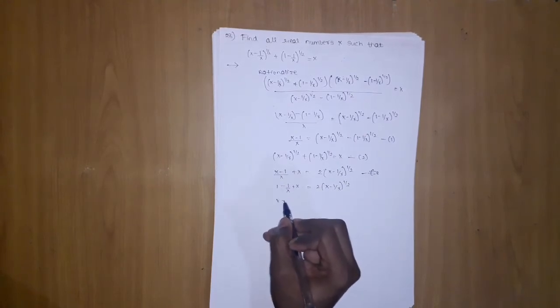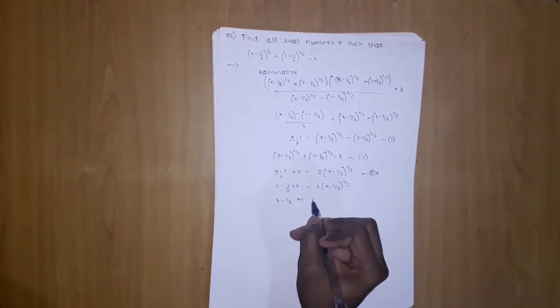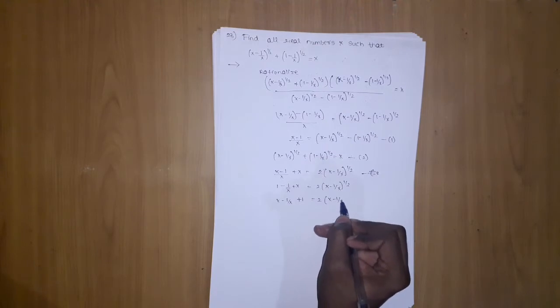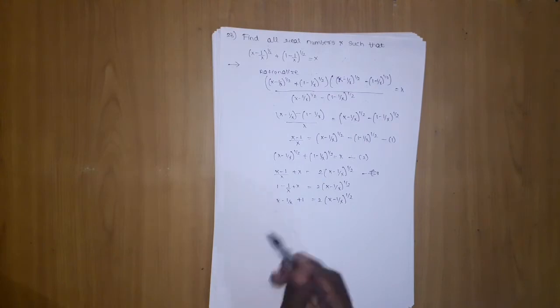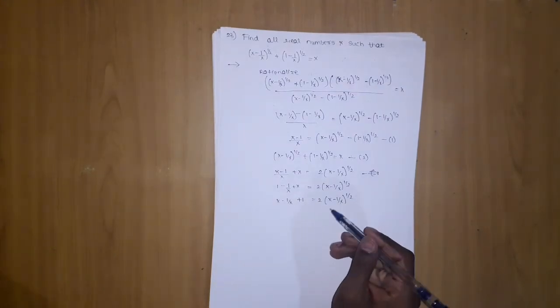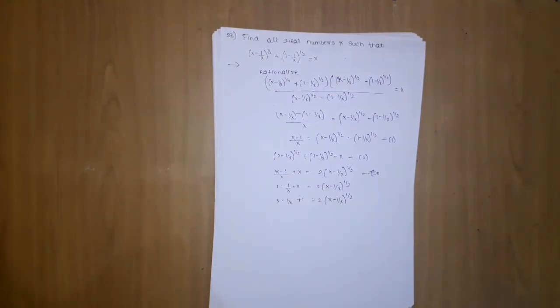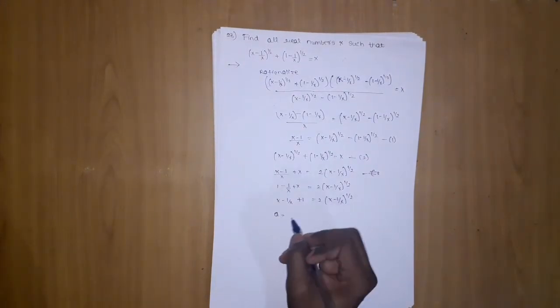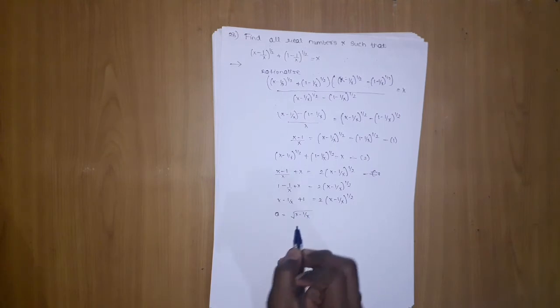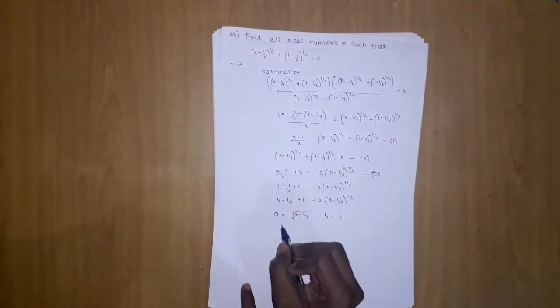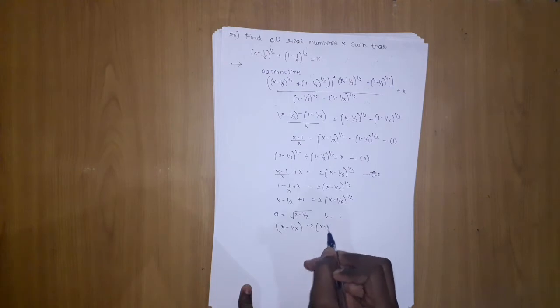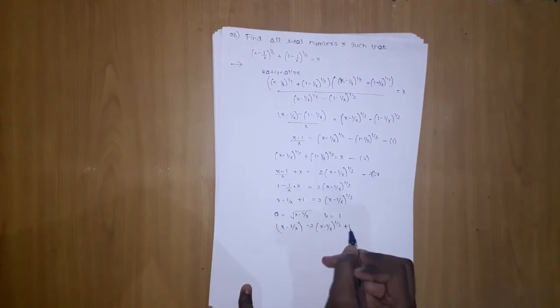And now x minus 1 by x can be formed here too, and this will be 2 into (x minus 1 by x) power 1 by 2. If you observe clearly, you will come to know that it is the a square plus b square plus 2ab formula, where a is under root (x minus 1 by x) while b is 1. Okay, so I bring this here. It will be x minus 1 upon x minus 2 into (x minus 1 by x) power 1 by 2 plus 1 equal to 0.